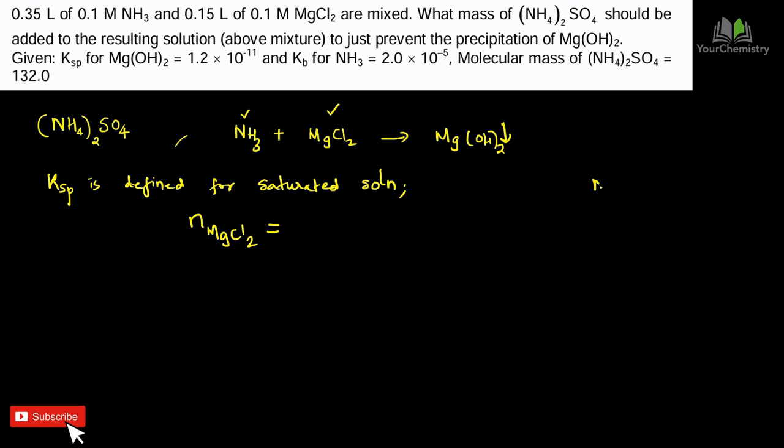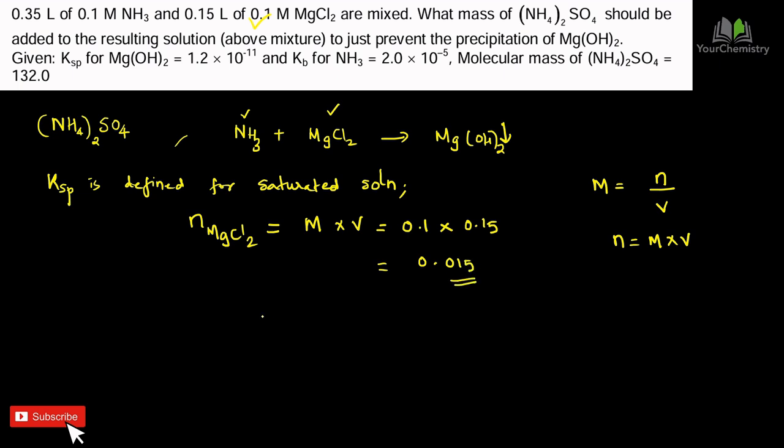You know very well, molarity is equal to number of moles divided by volume, or number of moles is equal to molarity into volume. So what is the molarity of magnesium chloride? 0.1. 0.1 into what is the volume of magnesium chloride? 0.15.